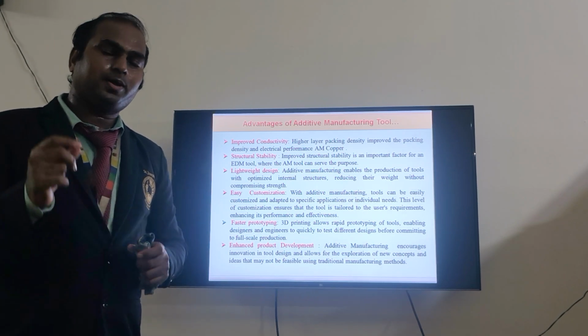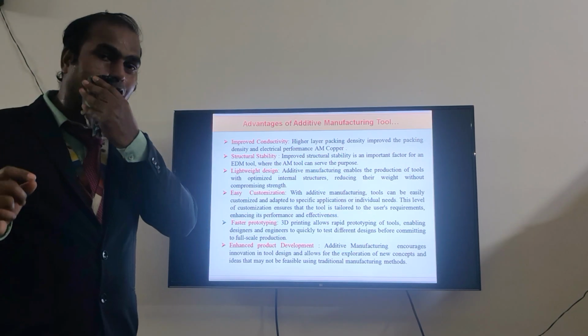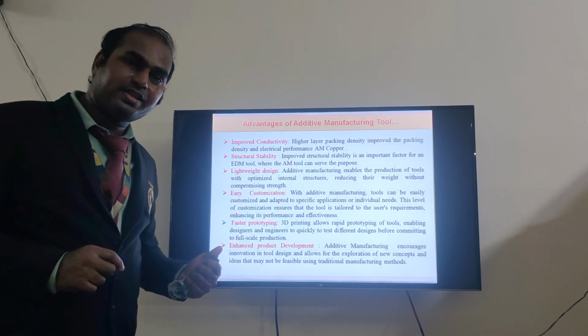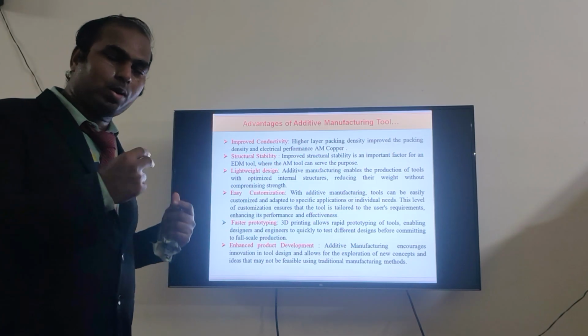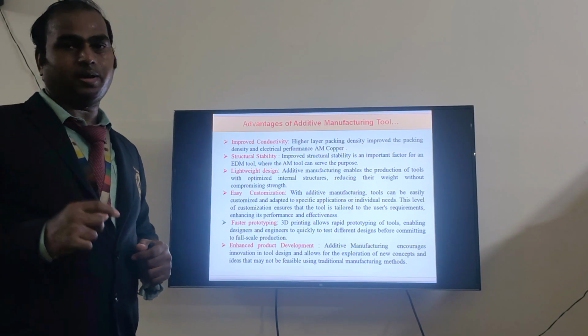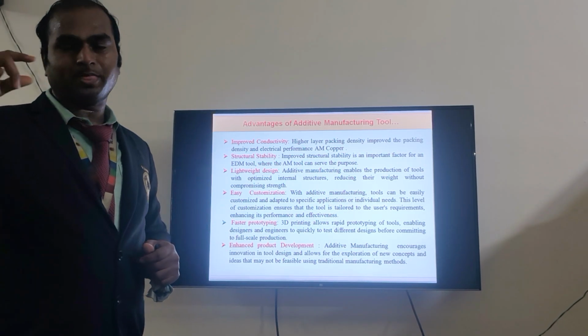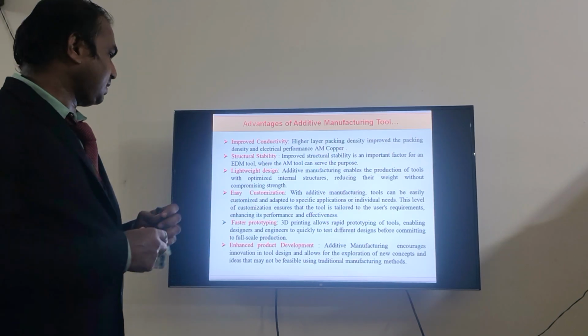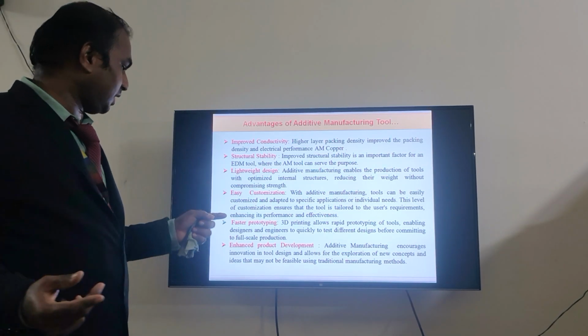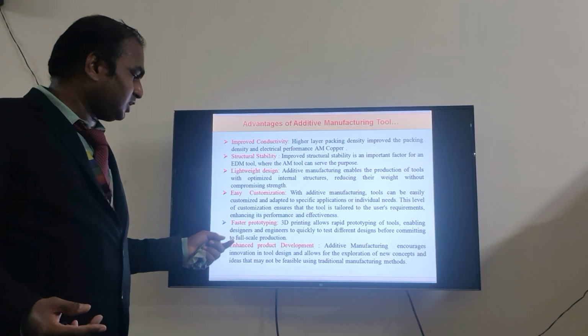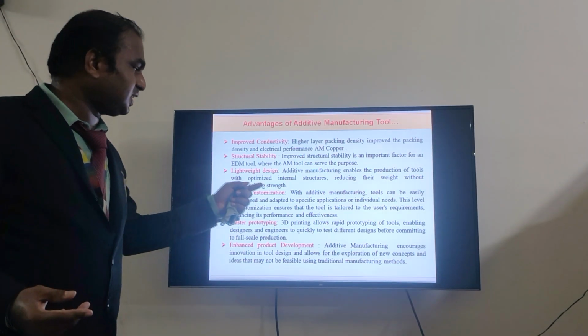Normally the readily available electrode is a conventional tool. Among the latest research technologies, the latest tool available is printing on 3D printers, where we can easily have fast customization and faster prototypes and enhance product development.